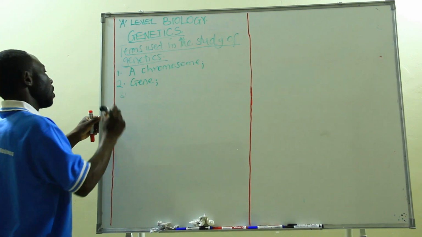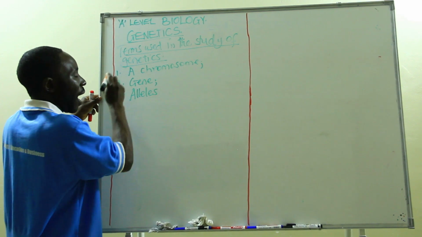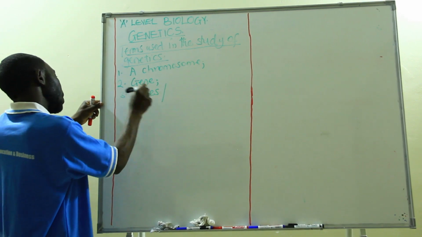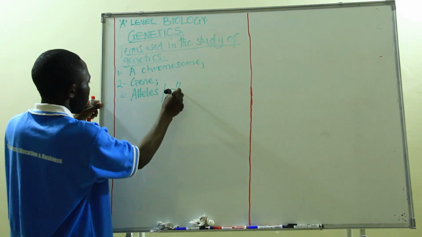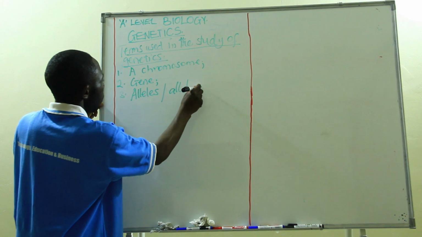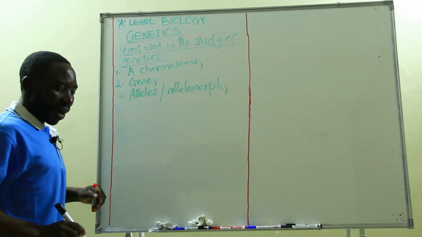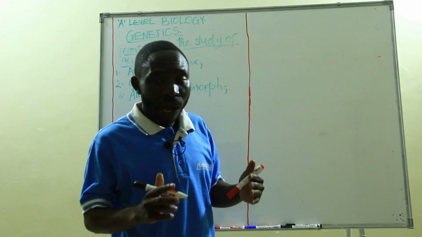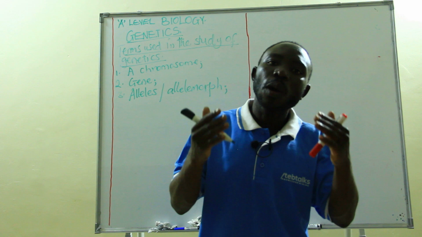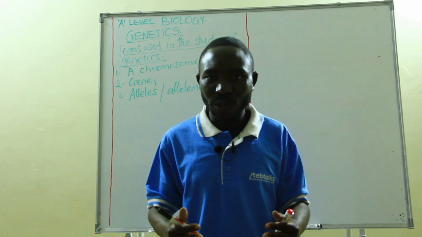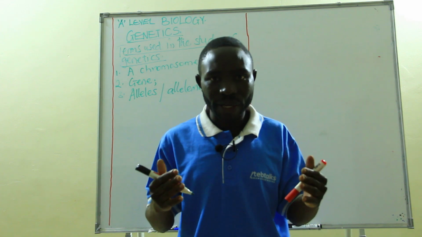Three, we have alleles. Alleles is a short form of the word allelomorph. Alleles are alternative forms of a gene that determine contrasting expressions of a characteristic, a trait or a character.